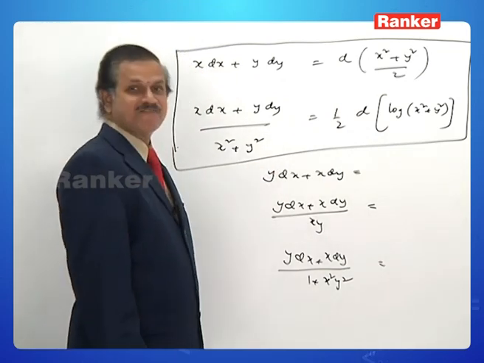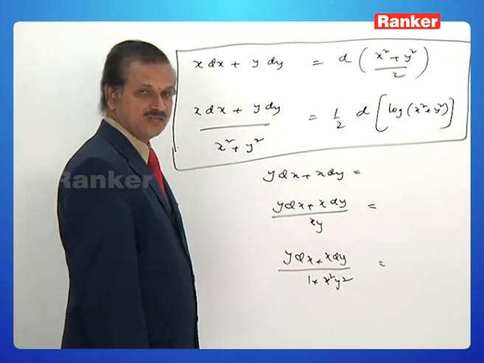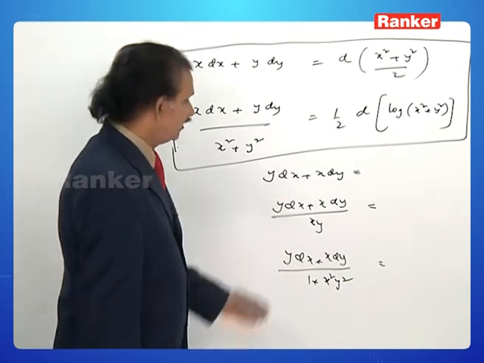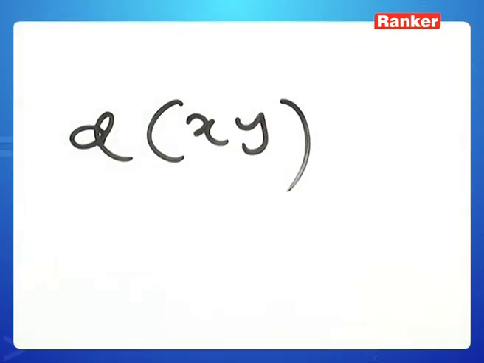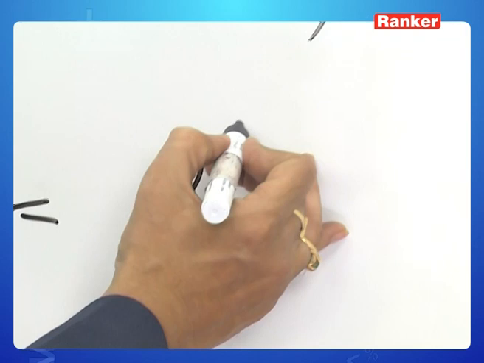In these three formulas, the numerator is the same, you see, y dx plus x dy. This is nothing but d of xy. This is nothing but d of log mod xy.